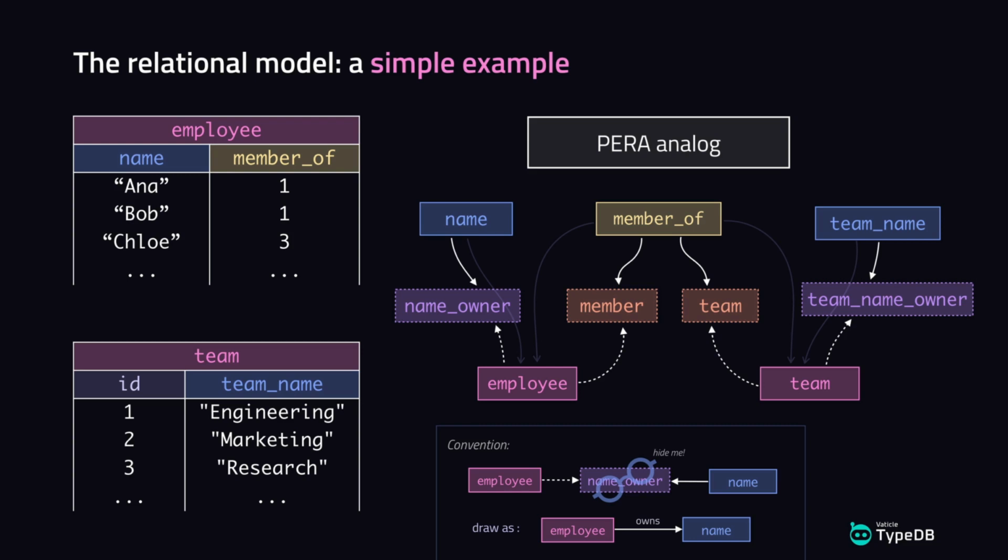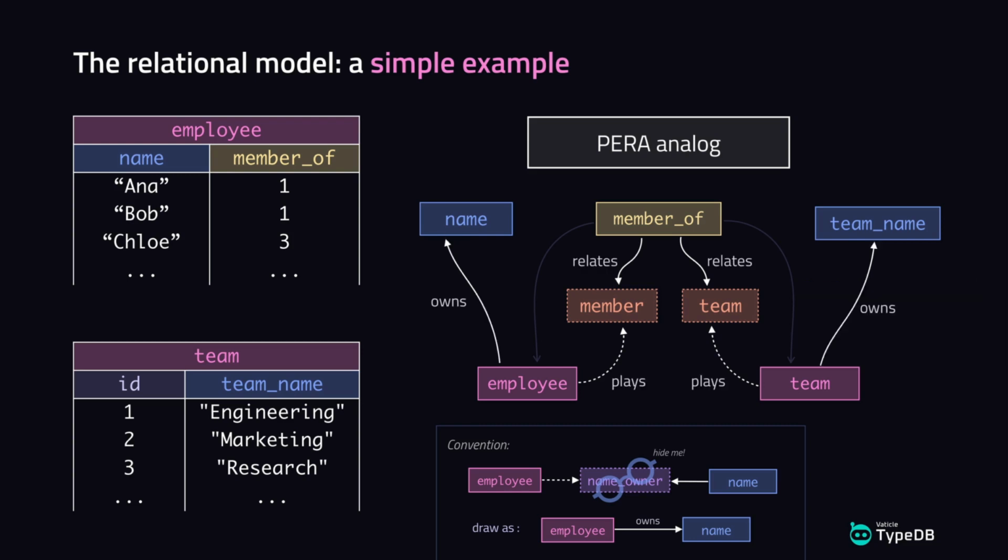So from now on, I want to replace the dependencies on attributes, their ownerships, and the implementation of those ownerships by a single arrow that will be labeled with owns. So for instance, in our example here, we would have a single owns arrow from employee to name and a single owns arrow from team to team name. And then similarly, we are annotating the other arrows with the corresponding TypeQL keywords. All right, that was simple enough.